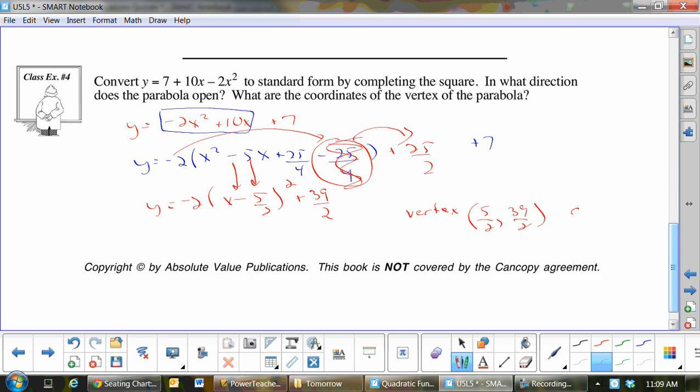This would be down, right? What's up? Because it's supposed to be y equals a times x minus p squared plus q, right? So whatever p is, whatever's after the minus sign, that's what p is. Whatever's after the plus sign.